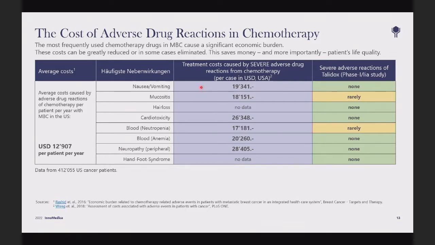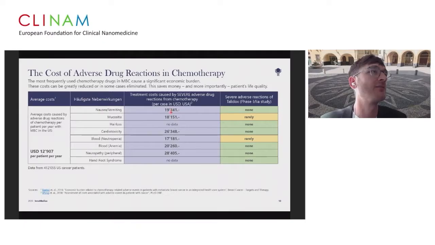And if these side effects are severe, the cost again increases dramatically. So neuropathy is one of the most expensive adverse events. And these can all be quite heavily reduced, almost to zero or to zero in some instances. So there is a double win: patients have a better quality of life, but also the costs can be reduced for health insurers.